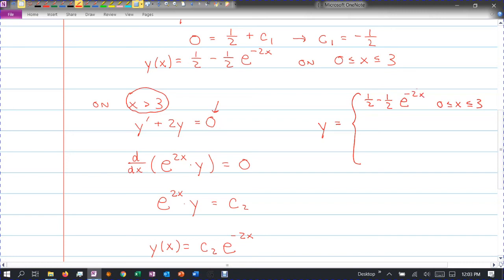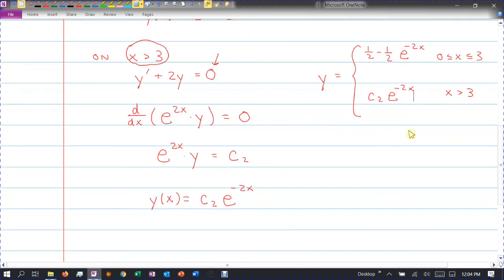And on the interval where x is bigger than 3, it's c sub 2 e to the negative 2x. So what we want is to figure out what would make this function continuous, a continuous solution. Our discontinuity is happening here at 3, where we have a switch over.